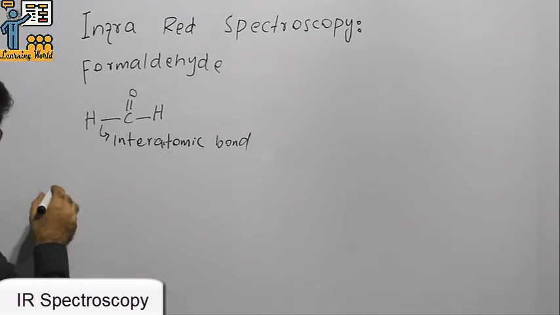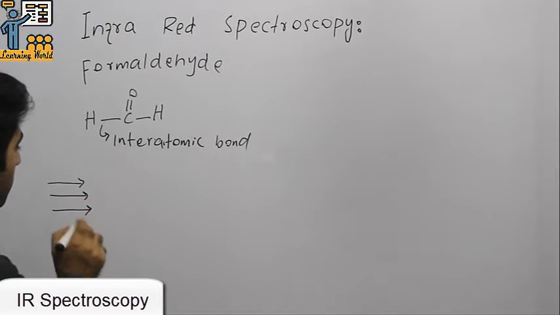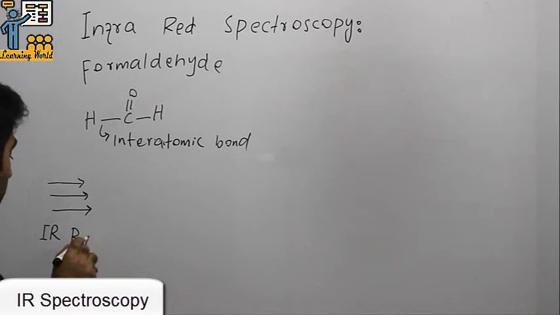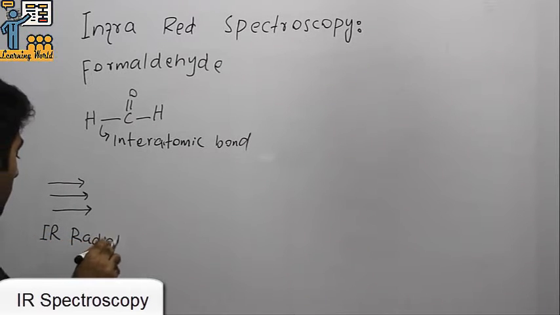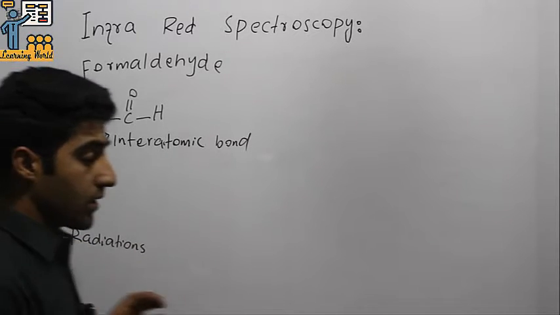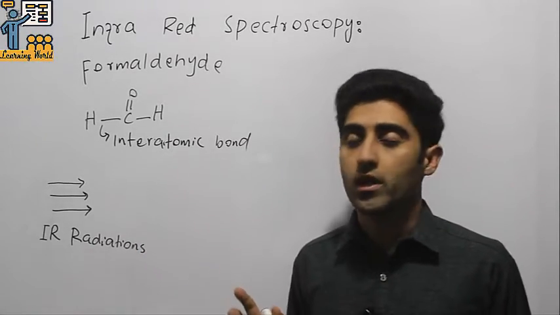For example, this is the infrared radiation, which consists of different wavelengths. The wavelength of this IR radiation differs from one another.